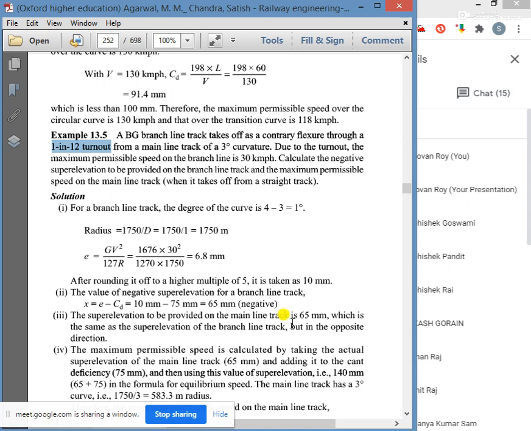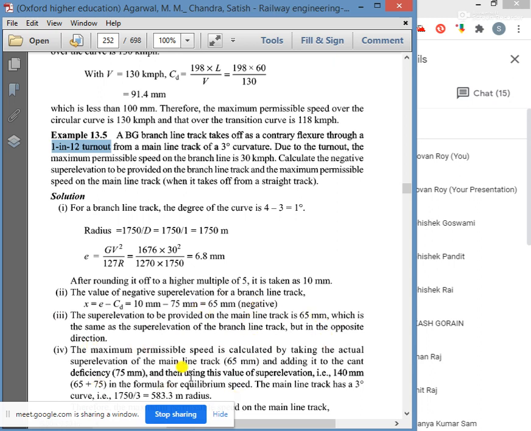Okay, minus 65 is the outer track elevation, and at the same time the superelevation for the outer track of the main line is positive 65 mm. Okay, this is the actual fundamental of negative superelevation, which is the same as the superelevation of the branch line track, but in the opposite direction. Same thing, 65 mm negative for the branch line, 65 positive for the main line.